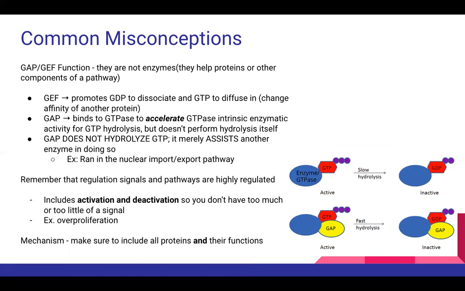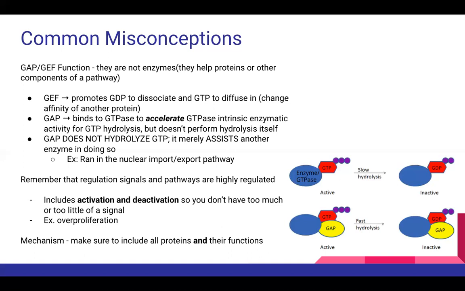And then GAP will help accelerate the GTPase enzymatic activity for hydrolysis, but it's not what's actually causing the hydrolysis itself. So in caps, in case you didn't get it, GAP does not hydrolyze GTP, it just assists the enzyme in doing so. And another example would be the RAN from nuclear import-export that we learned a couple weeks back.